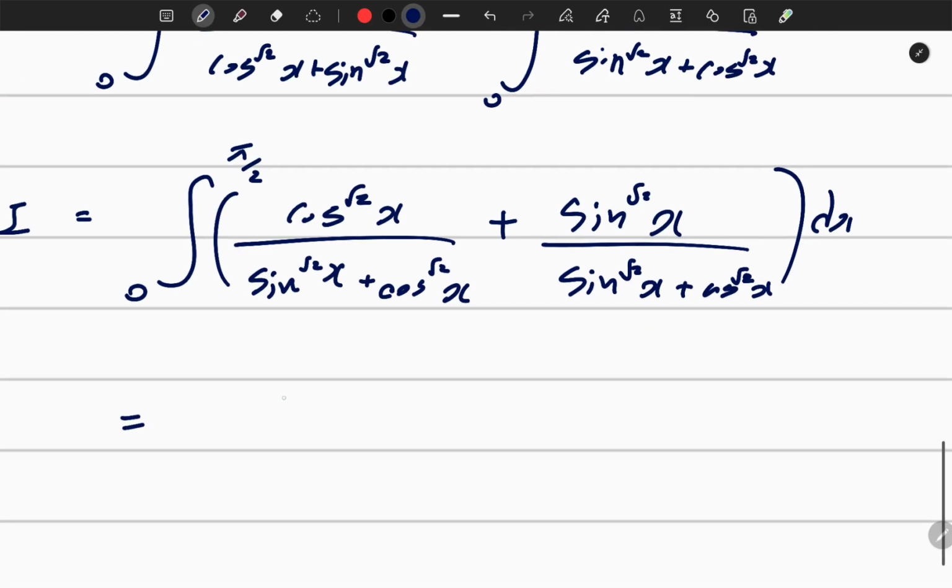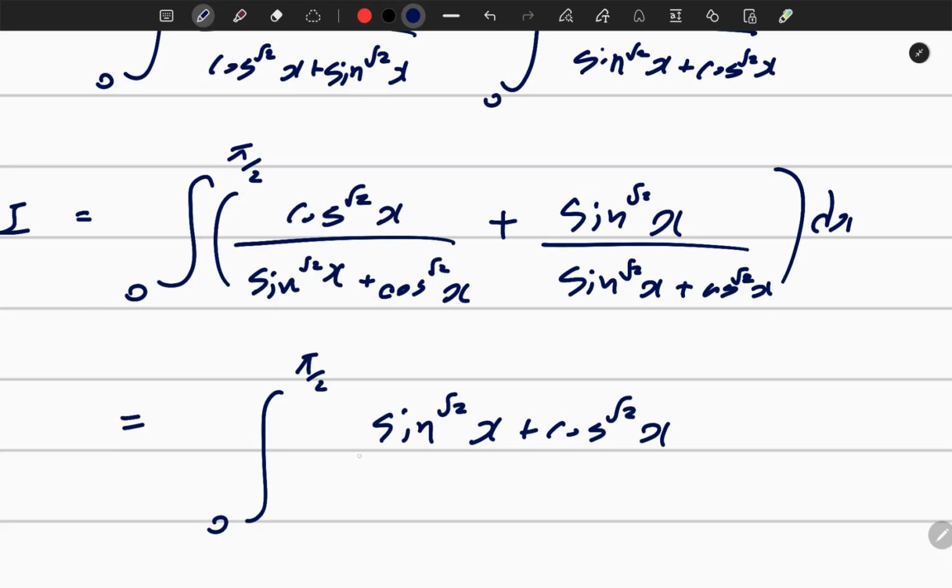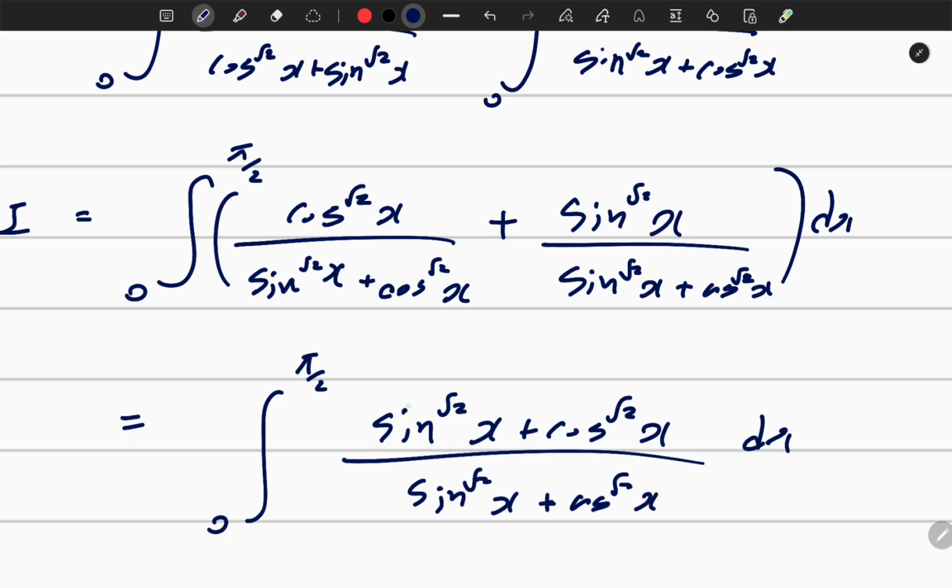Now I can simplify this as the integral from 0 to 90 of sine root 2x plus cos root 2x over sine root 2x plus cos root 2x dx.